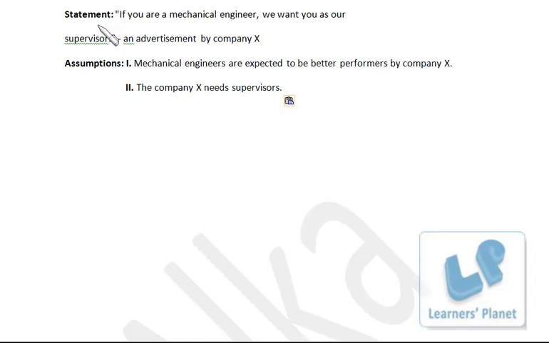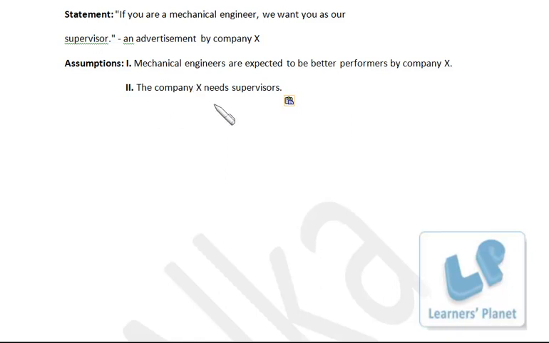The company is looking for mechanical engineers, maybe for some particular task which can be accomplished by mechanical engineers only, right? So we cannot say mechanical engineers are expected to be better performers than any other engineers. Maybe it is for a specific task which can be done by mechanical engineers only. So this assumption is not at all implied.